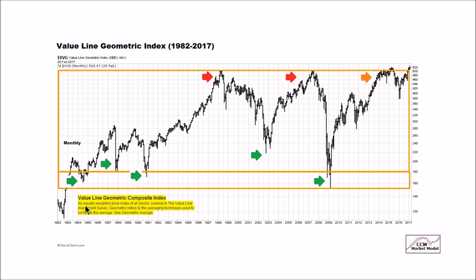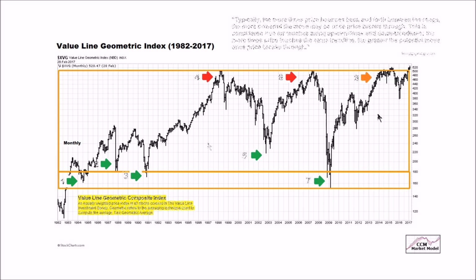The Value Line Geometric Composite Index is basically an equally weighted price index of all stocks covered in the Value Line Investment Survey. So this is a very broad index, contains numerous stocks, quite a bit more than the Dow as an example, and it's equally weighted. Equally weighted indices give us a better indication of the health of the entire market.